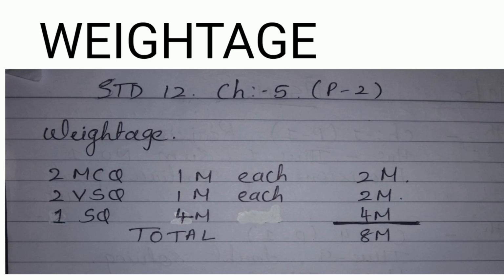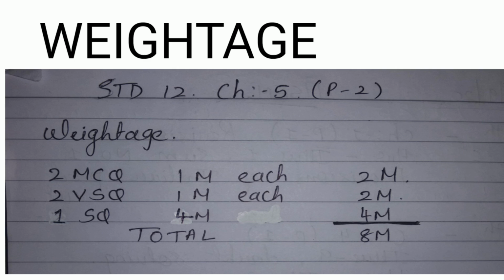The total weightage of this chapter is 8 marks, of which there will be 2 MCQs of 1 mark each in Section A, of course. Then there will be 2 VSQs, 1 mark each. VSQ is very short question, in Section B, again of 2 marks.